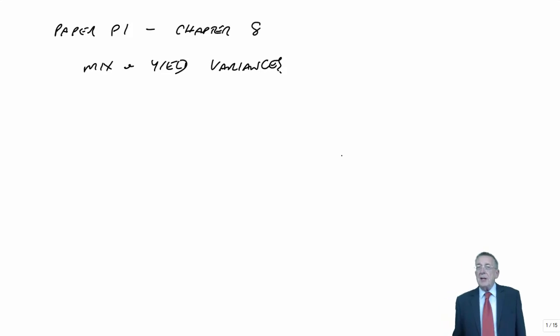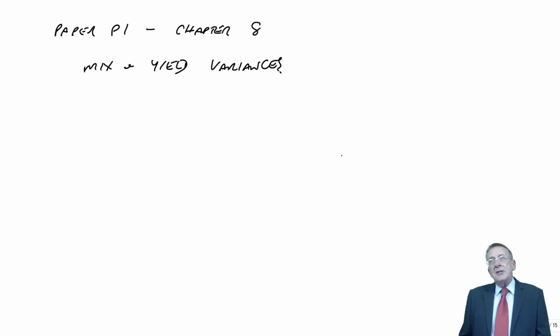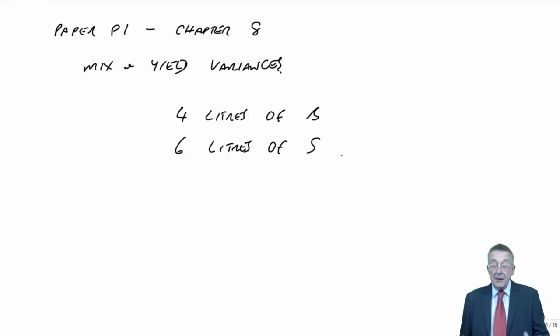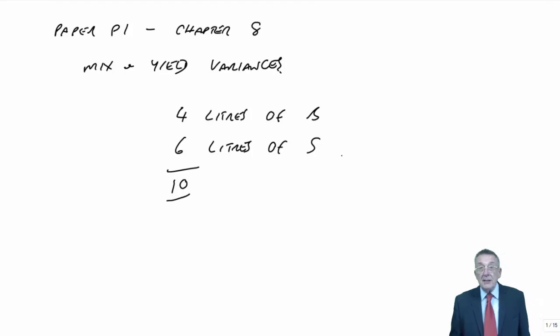Suppose we produce that fruit juice. Maybe our standard costs, to make 10 litres of fruit juice, they put 4 litres of banana and 6 litres of strawberry. It doesn't matter what they are, but they mix it together, so for every 10 litres, it's part banana, part strawberry.